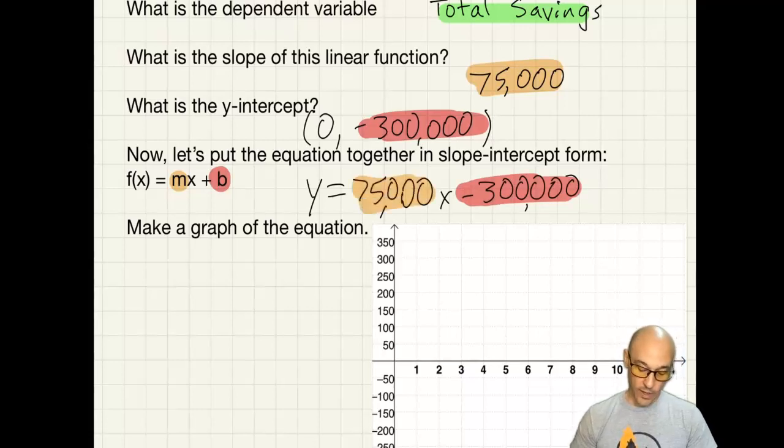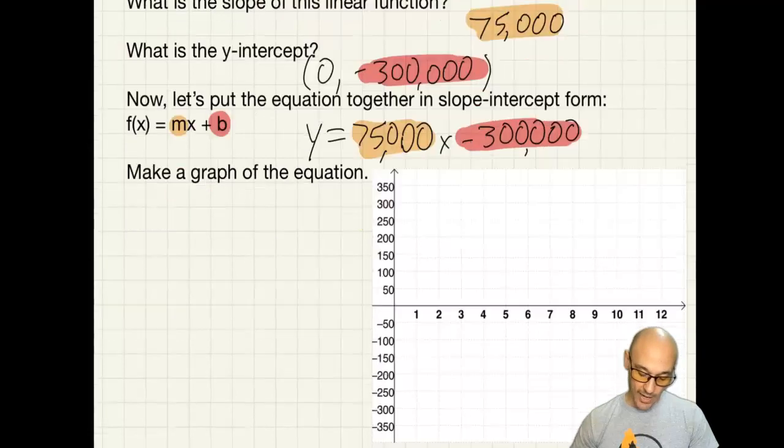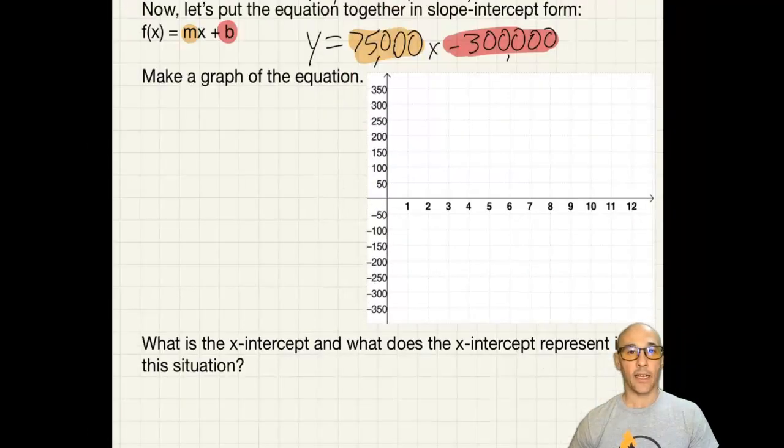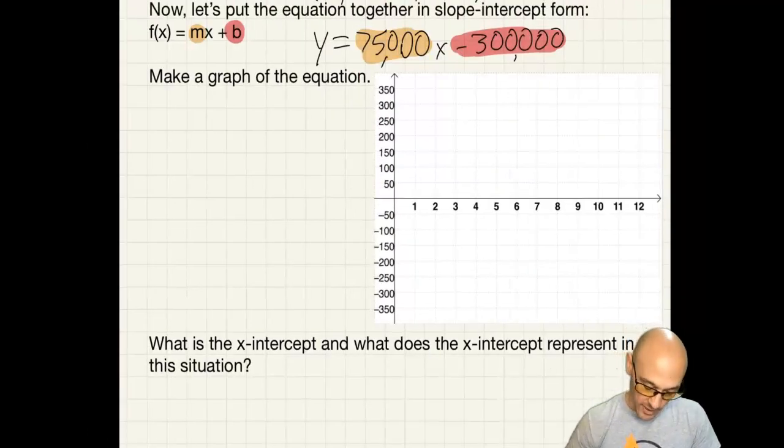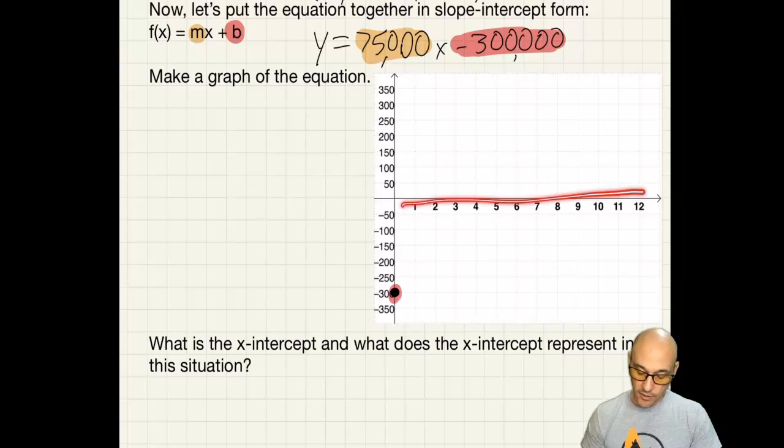Make a graph of the equation. Well, that means that our y-intercept, so the place where the line crosses the y-axis, is negative 300,000. So that's going to be right there. I'm going to make that red just so that we know where it's coming from. And then each year, so these are the number of years, each time we move to the right once, we go up 75,000.